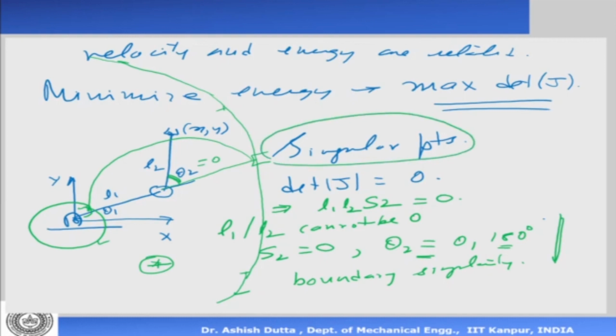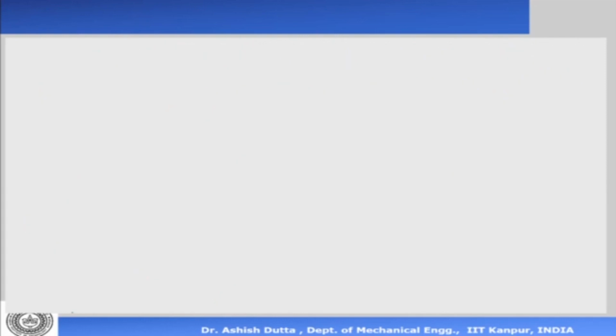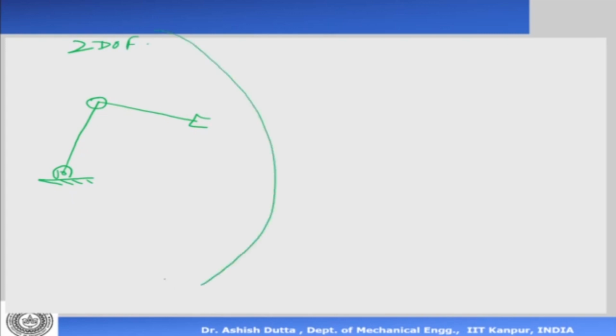Now, what about the next part? This is a very important question, especially because we are doing motion planning. We have a link like this, 2 DOF. It has a work volume, something like this. Now you can perform the task anywhere, right? Suppose you want to assemble one part inside another part like that.